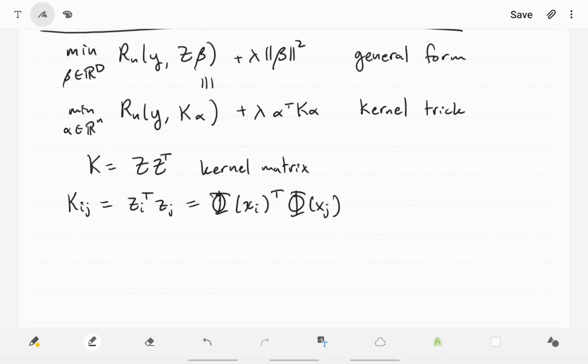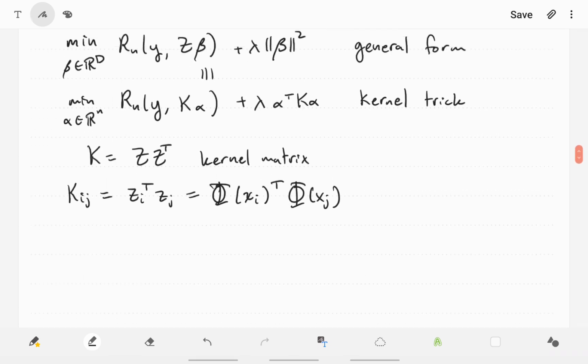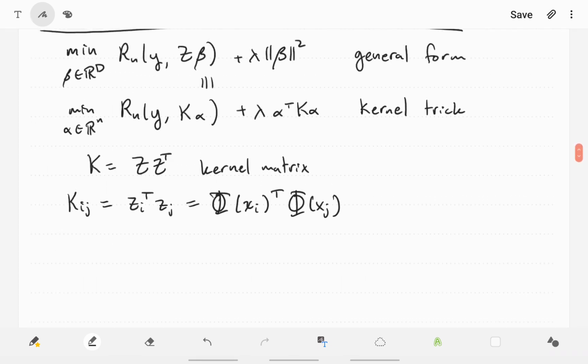Some high dimensional embedding of X_i. And so all we needed to form this K matrix were these inner products, right? So this actually implies a second way to solve this ridge regularization problem.